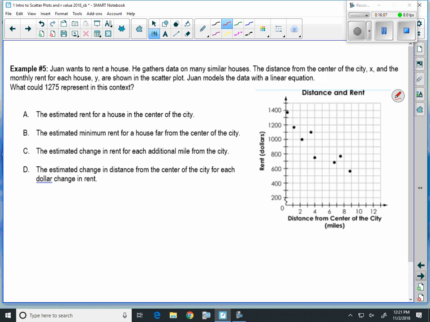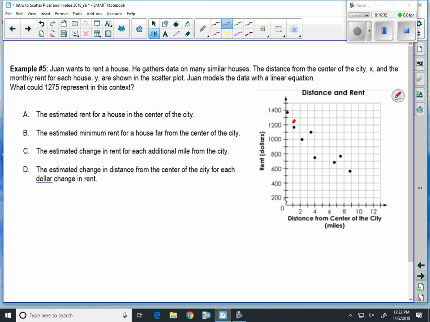Okay, first of all, where is 1275 found? It's on the y-axis. So if we look, here's 13, so 1275, I don't know, like here. Would you put it all the way out here? No, based on where that data is going, it would go somewhere over here. Now I want you to think about, that's rent.